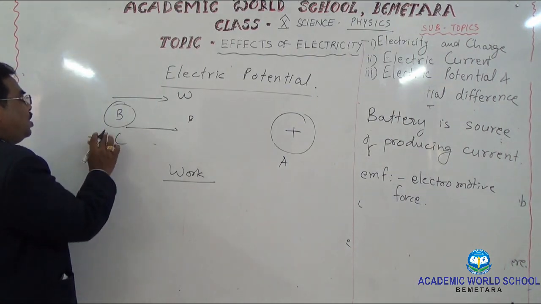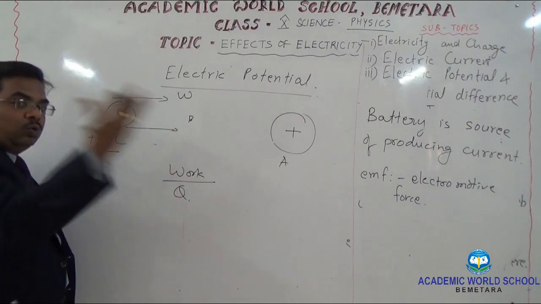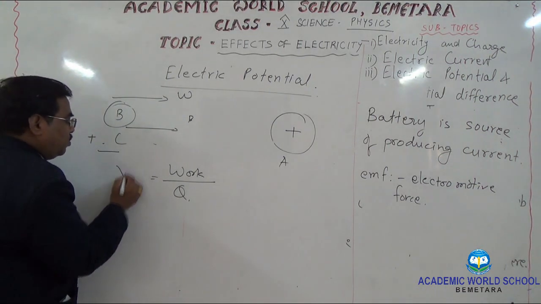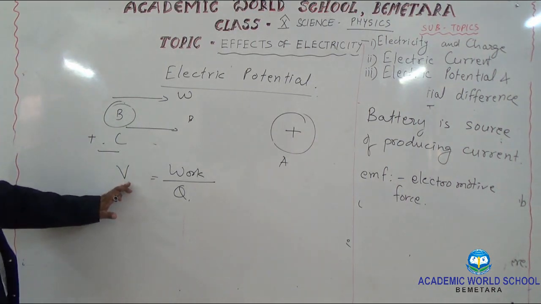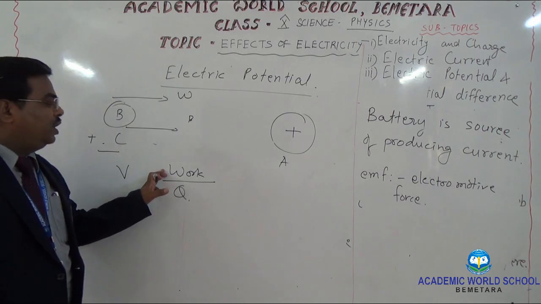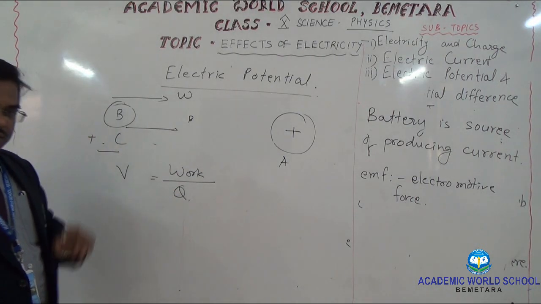If it is not 1 coulomb, say it is a few coulombs, in that case the potential difference V will be the work done in order to bring the object from infinity to that point.